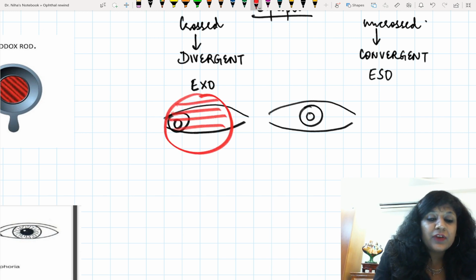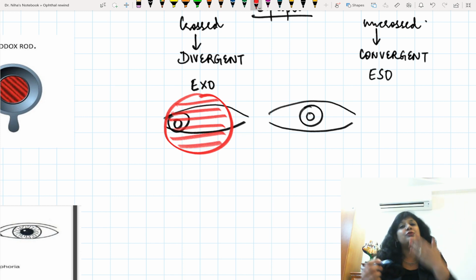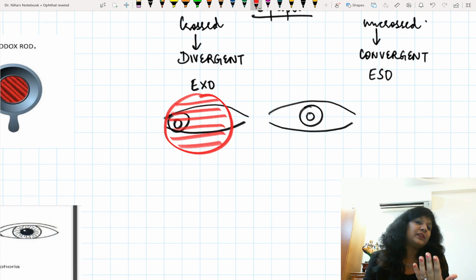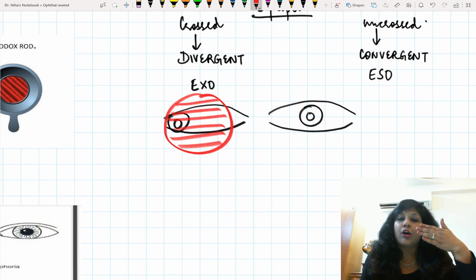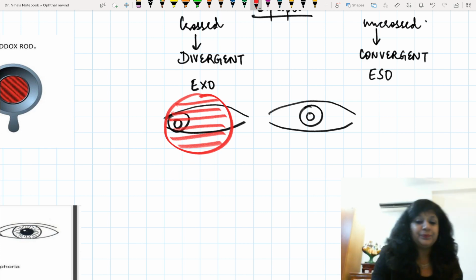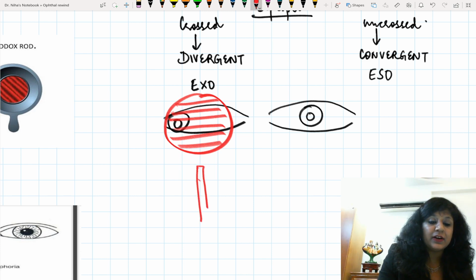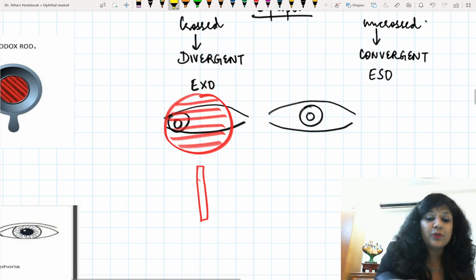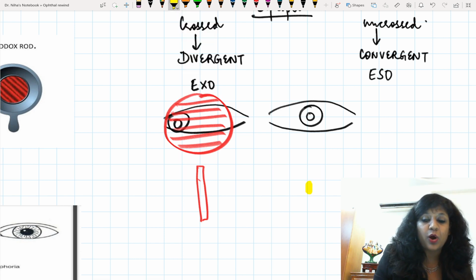We have put it horizontally. We have to always put it parallel to the axis of deviation because there is a horizontal deviation. So I am putting the Maddox rod horizontally and therefore the line will be vertical. So this eye will be seeing a vertical line, while this eye, because it is not having any Maddox rod, will be seeing just a dot reflex.